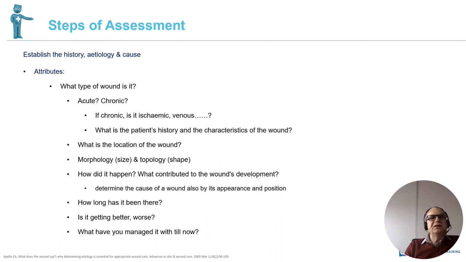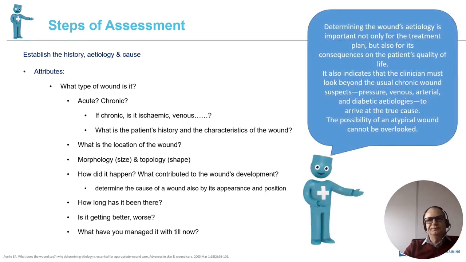What is the size? How did it happen is also very important to understand. How long has it been present? Has it been there for a long time, or are we the first people seeing it? And going in depth to understand what was happening before will give us a good idea of what might work and what might not work.